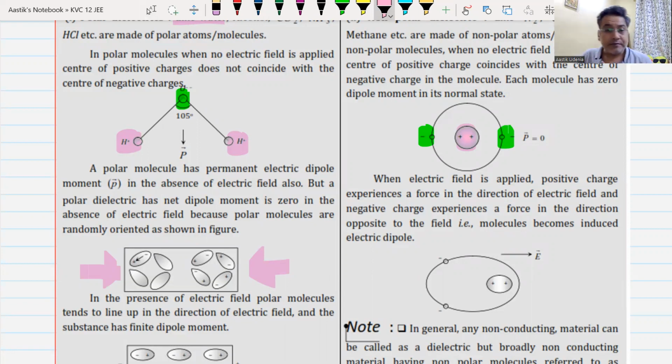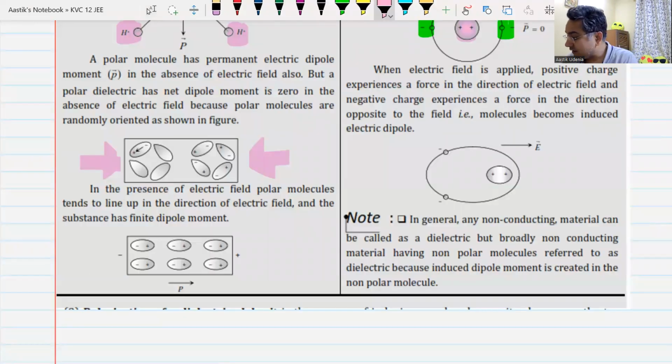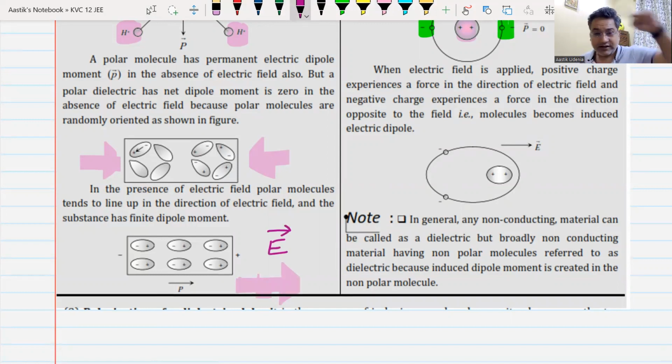Net dipole moment is 0. But when you put them in an electric field going in this direction, all the dipoles will get aligned and they will acquire a dipole moment.